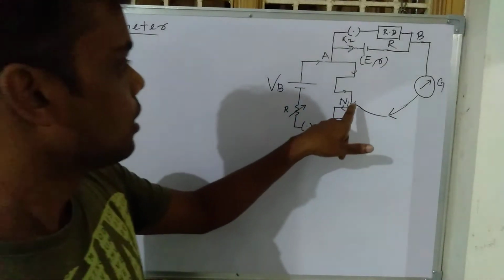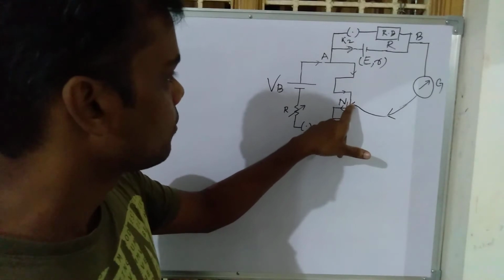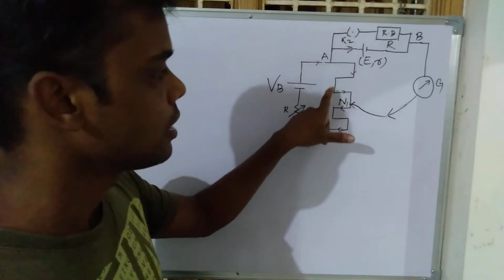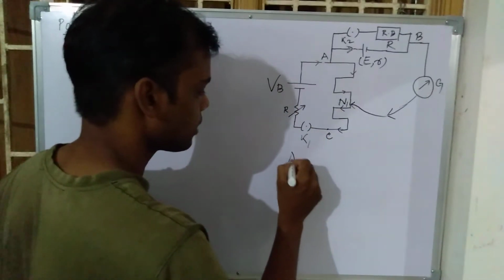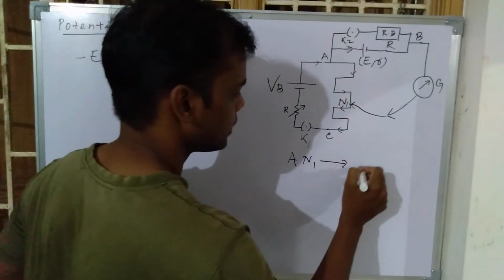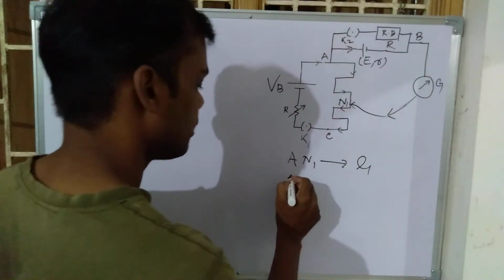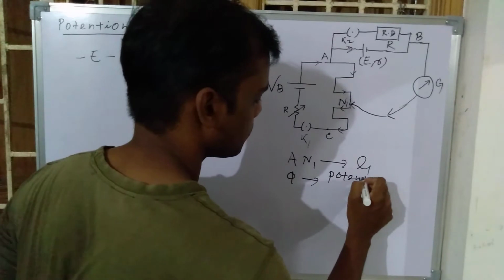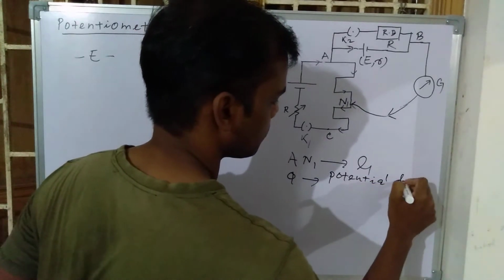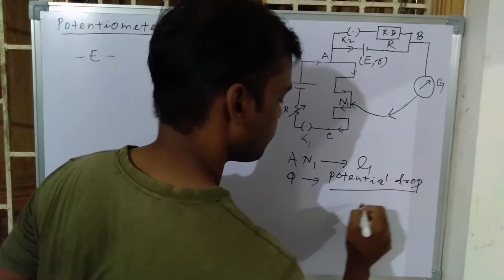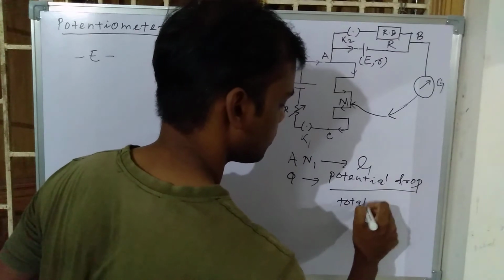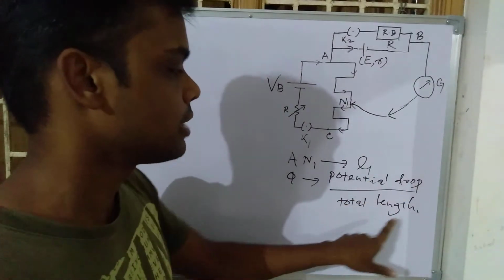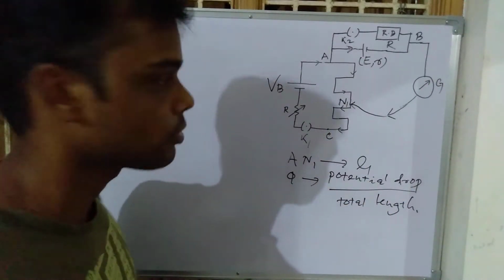Now from this point to this point, it is a resistor. Let the length AN1 be L1, and phi is the potential drop per unit length.